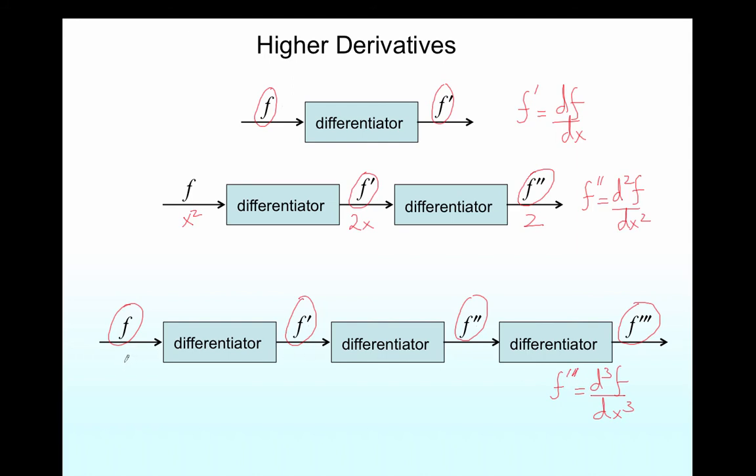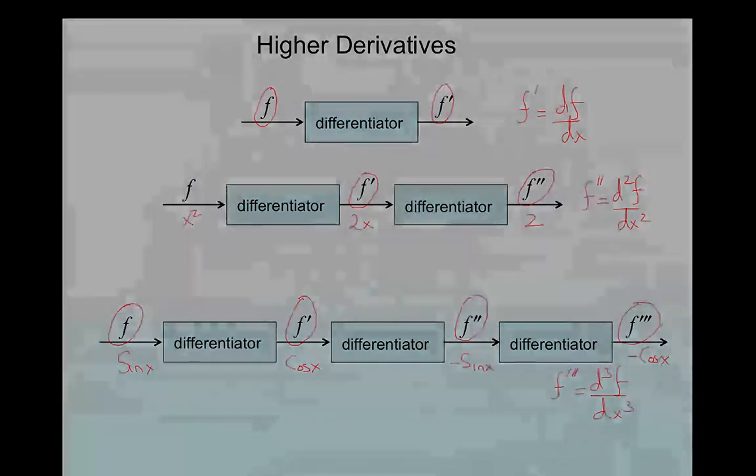So, for example, if I give as input sine x, out comes cosine x, but when you differentiate cosine x, remember you get minus sine x. When you differentiate sine x, again you get cosine x, so out comes minus cosine x.